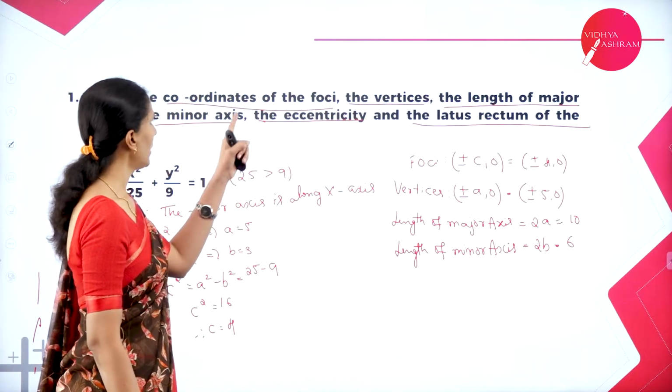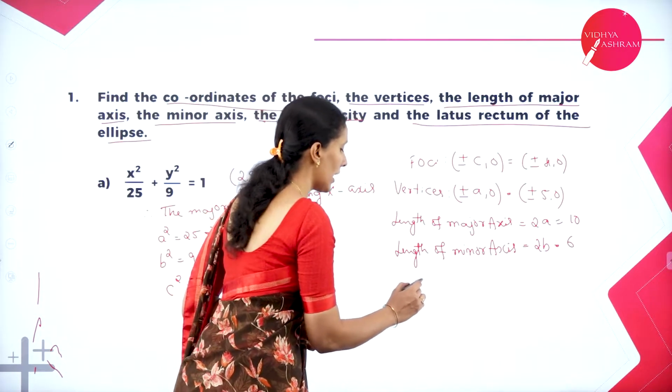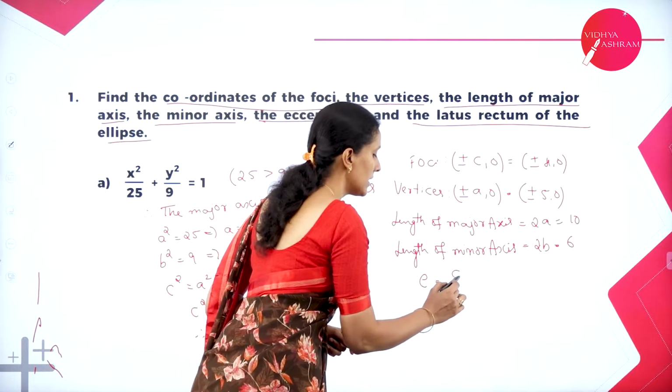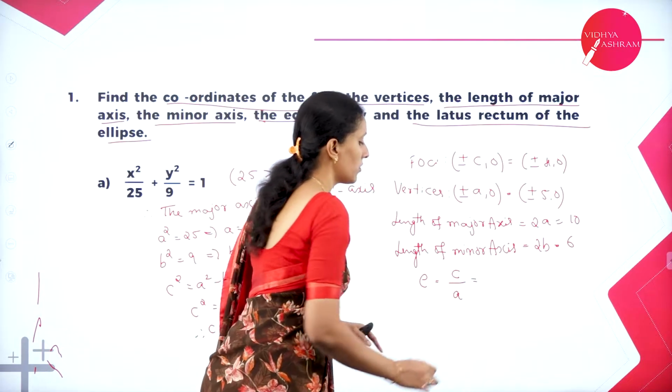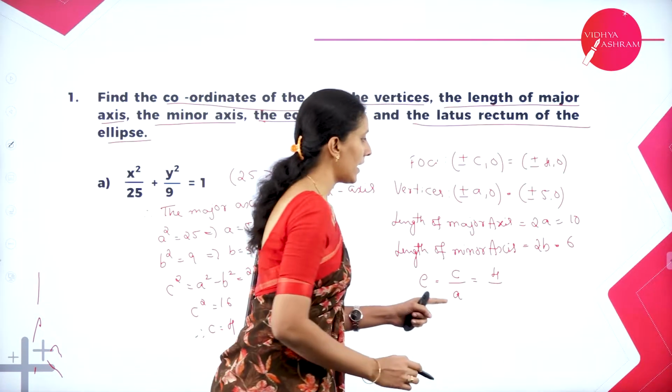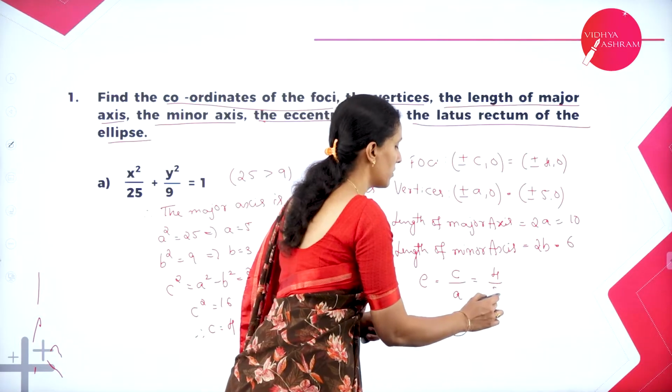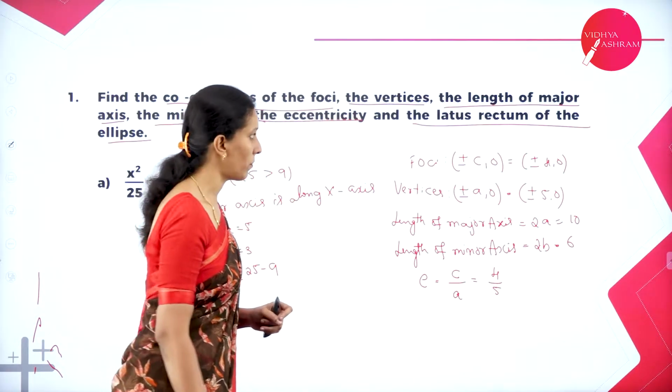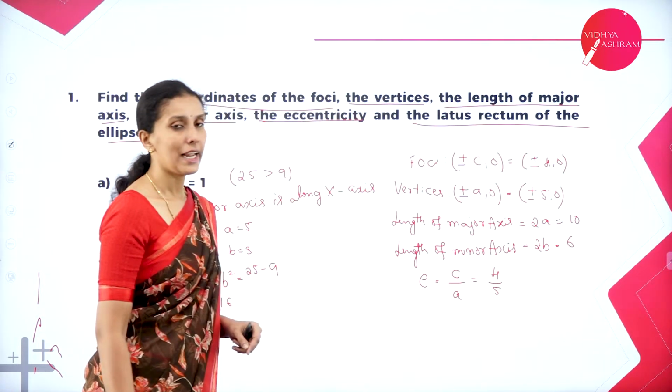Next, we need to find out the eccentricity, and the eccentricity is always c divided by a. So, therefore, c is nothing but 4 and a is nothing but 5. So, the value of eccentricity is 4 by 5. The last one is latus rectum.